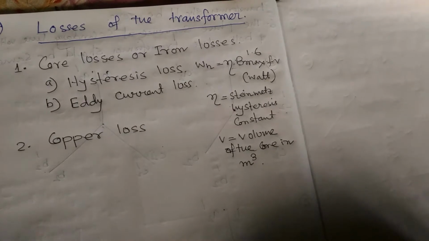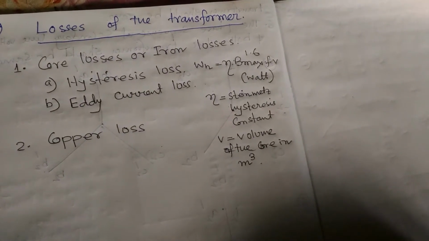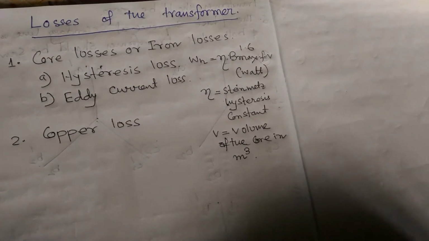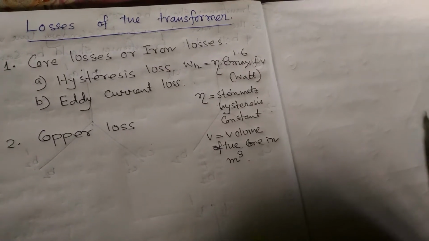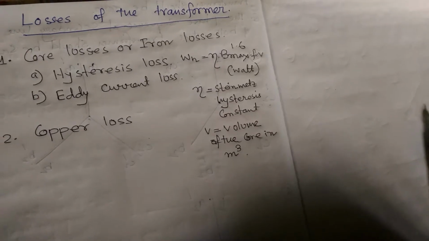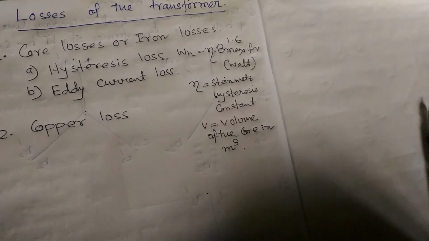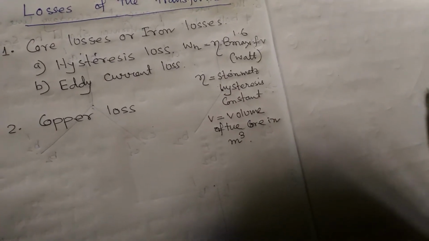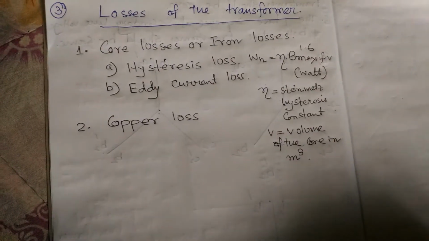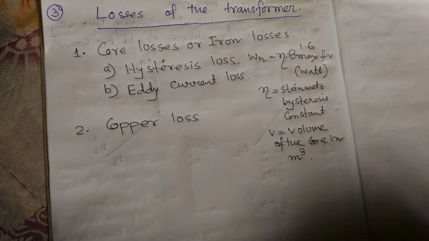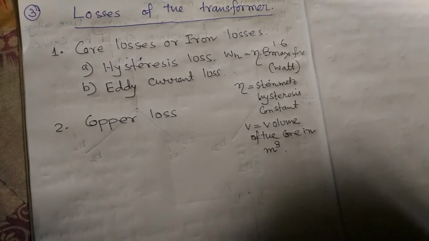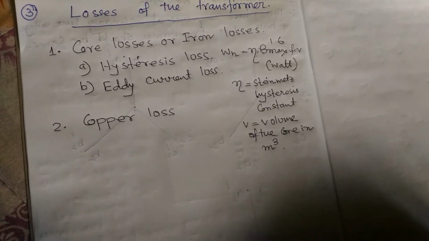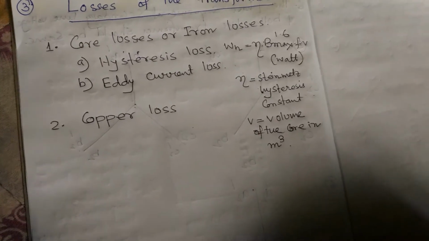But some part of this flux also links with other conducting parts like the steel core or iron body of the transformer, which results in induced EMF in those parts, causing small circulating currents in them. This current is called eddy current. Due to this eddy current, some energy is dissipated in the form of heat.